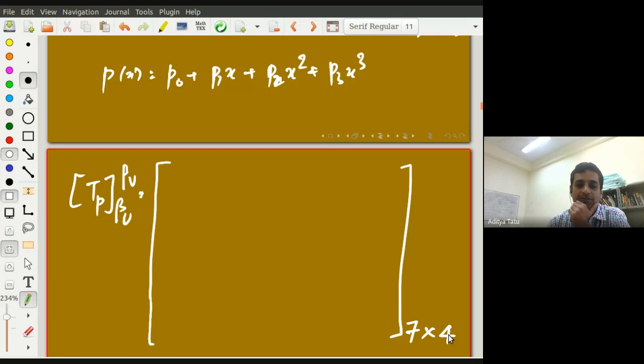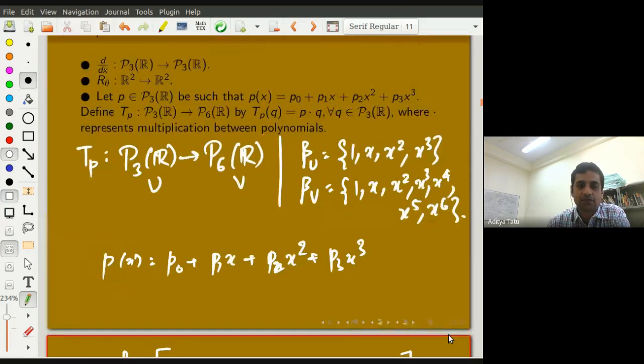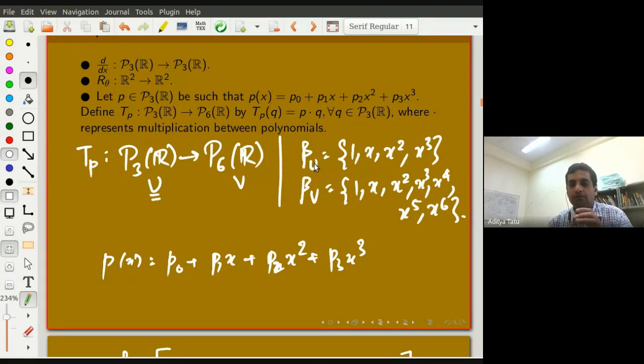Okay. Give me the first column vector. Once again, for those who are not following, I'll just repeat. If I want to find the first column vector of this matrix, I need to apply this linear transformation to the first basis element in beta U, find the output and represent that in the chosen basis of my codomain vector space V. Okay, so the first basis element of beta U is 1.